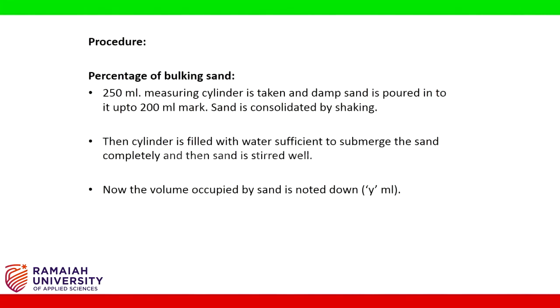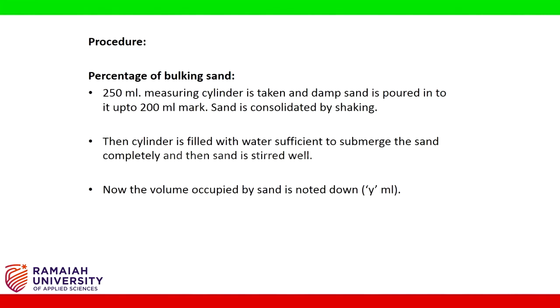Procedure: percentage of bulking of sand. A 250 ml measuring cylinder is taken and damp sand is poured into it up to the 200 ml mark. Sand is consolidated by shaking. Then the cylinder is filled with water sufficient to submerge the sand completely, and the sand is stirred well.